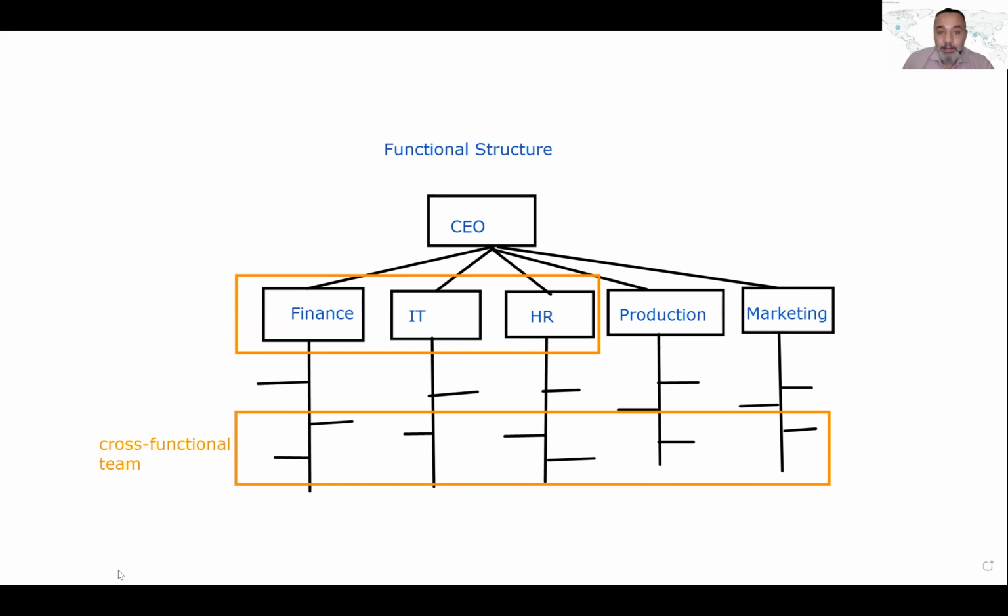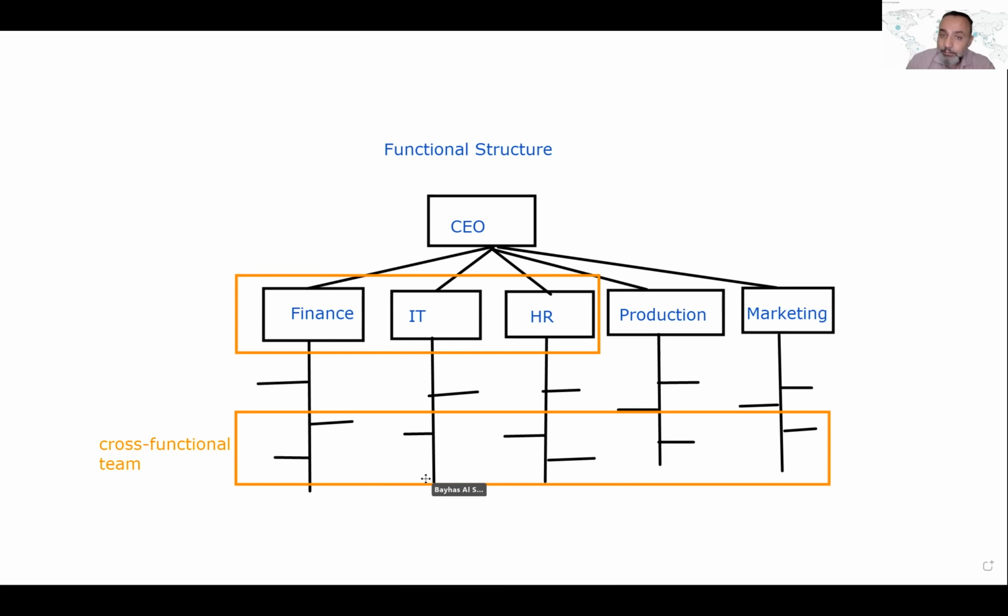Another bad thing in this structure is the cross-functional team, who are again also employees working in specific departments, and you're now asking them to do tasks and things that might conflict with their daily duties, right?